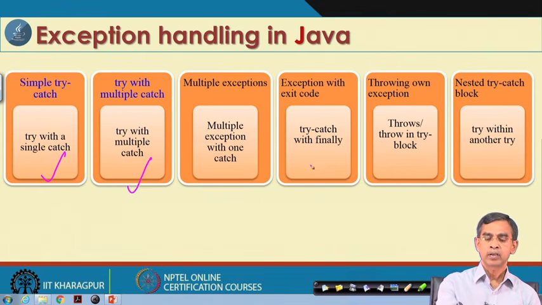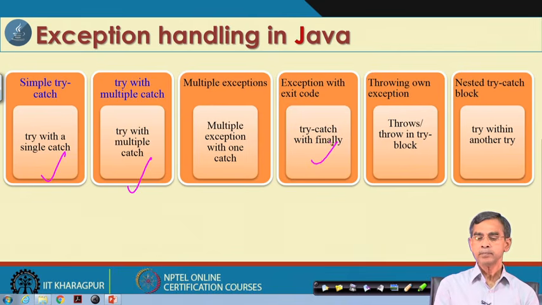So, there is a concept called finally, and throwing the explicit exception, so throws or throw in a block, and another is nested try catch. That means, within the try catch we can define another try catch, within that another. So, nesting. So, try catch within try catch. So, these are the six different ways of handling exceptions in Java.